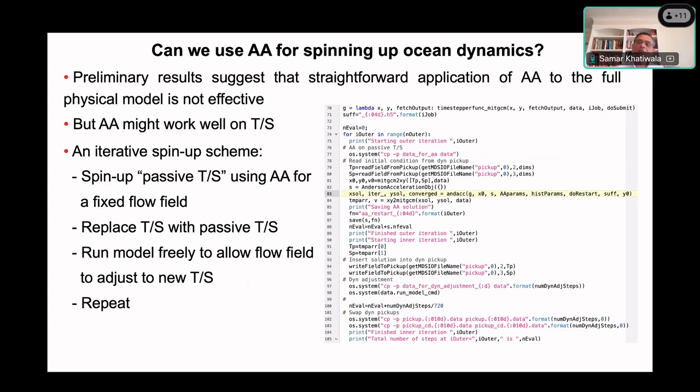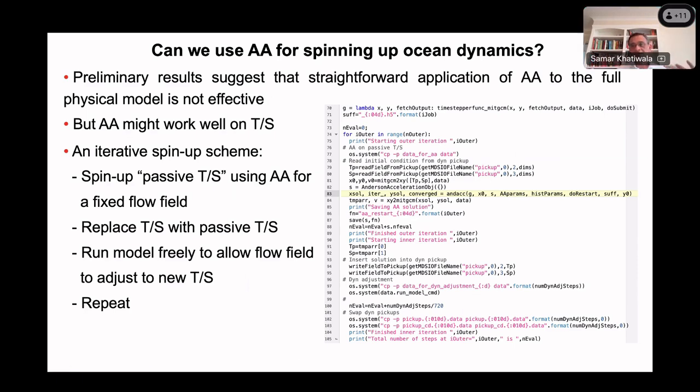But on the other hand, we know that Anderson works really well on tracers. Certainly it works extremely well on passive tracers. So why can it not work on temperature and salinity? In very preliminary work, I've come up with an iterative spin-up scheme where I have what I call passive T and S. Passive T and S is essentially T and S that is advected and diffused passively.